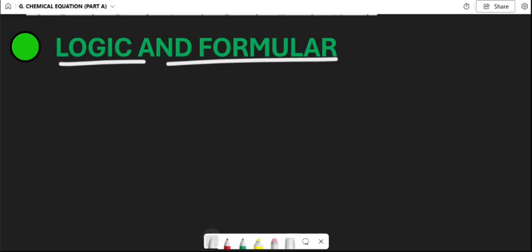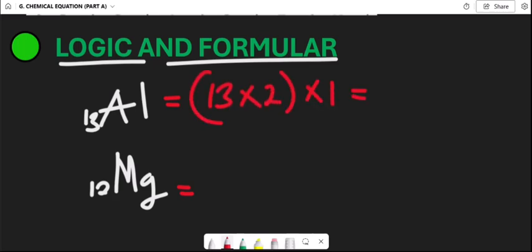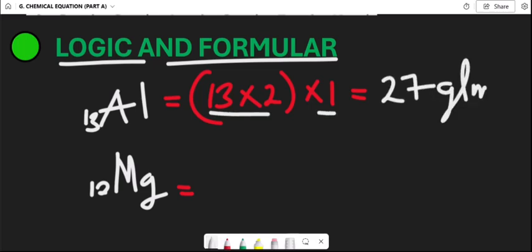Let's consider aluminum, and also magnesium. Aluminum is 13, magnesium is 12. The atomic number of aluminum is 13, and it's an odd number. I told you to multiply by 2, then add 1. When you multiply 13 by 2, that's 26, plus 1, that's 27 grams per mole.